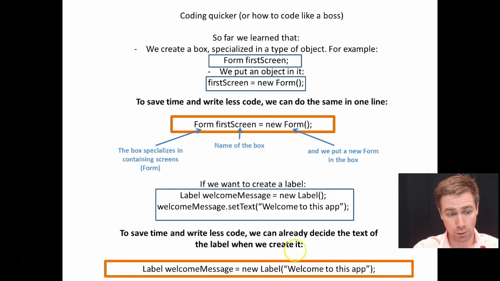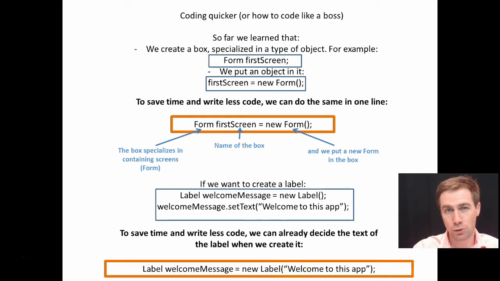When you create the label and you put it in the box welcome message, instead of having these empty brackets as we had here, inside the brackets you put the string, which will be the text of the object. So you can do either that or that. This is just one line as compared to two lines here.